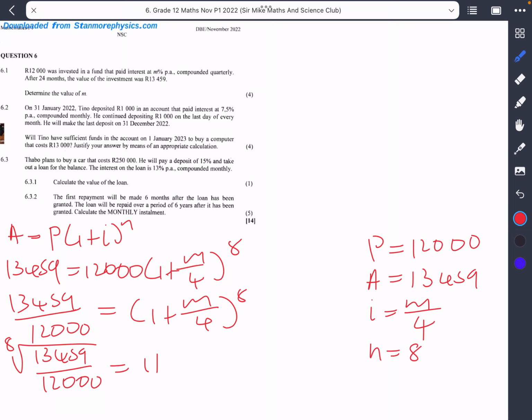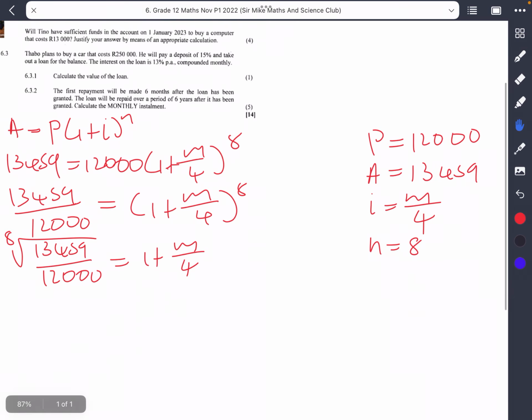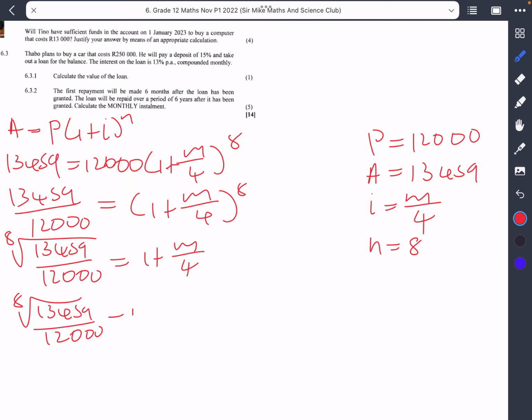So I would have 13,459 divided by 12,000. I'm not going to put that in my calculator for now, because I want to avoid the decimals. So I have 1 plus M divided by 4, all to the power 8.